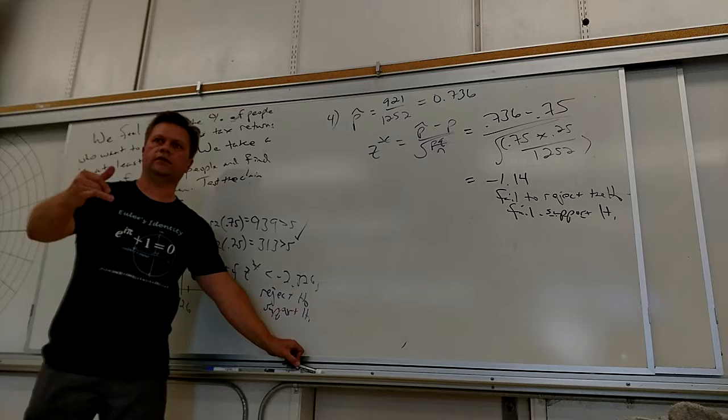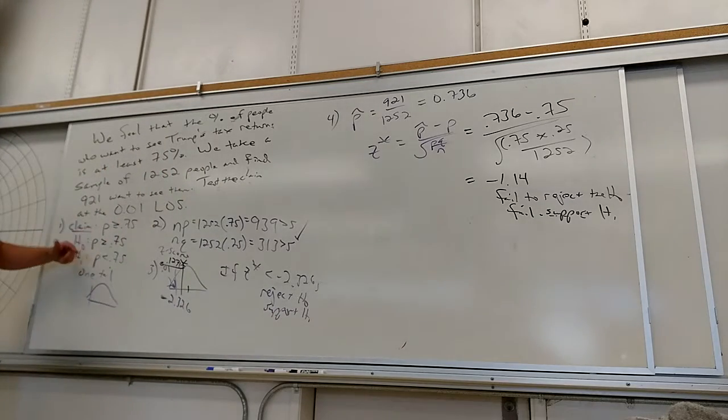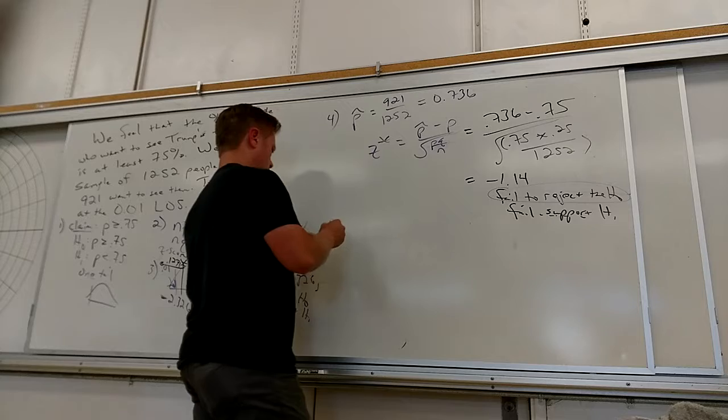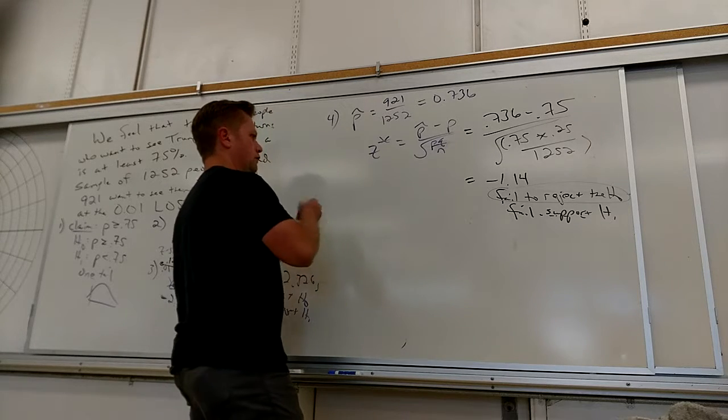And now which one was my claim? My claim was the H0. So I'm going to use that language. So what does fail become?